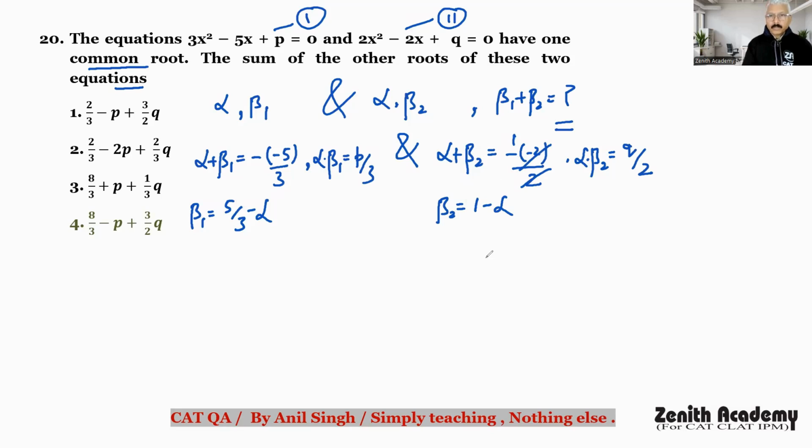Now for beta 1 plus beta 2, suppose these are the third and fourth equations. Add the third and fourth: beta 1 plus beta 2 is 5 by 3 plus 1, which means 8 by 3, minus 2 alpha.